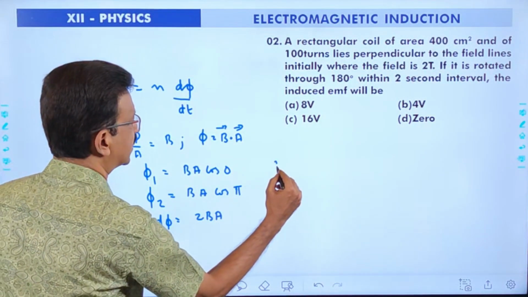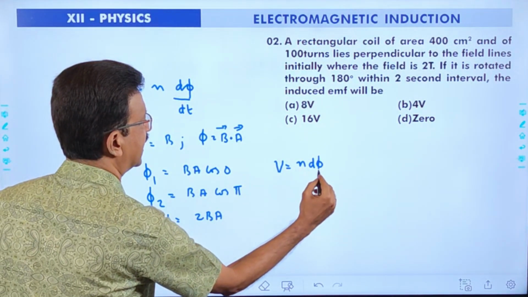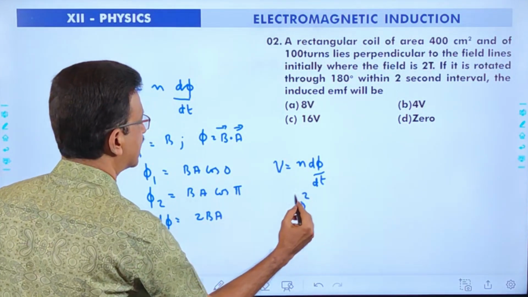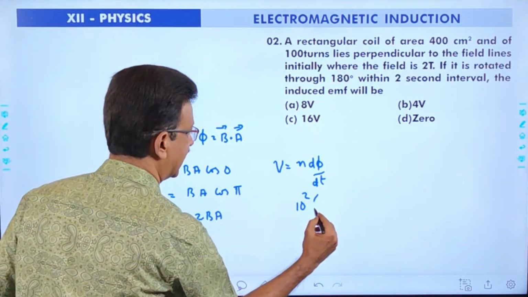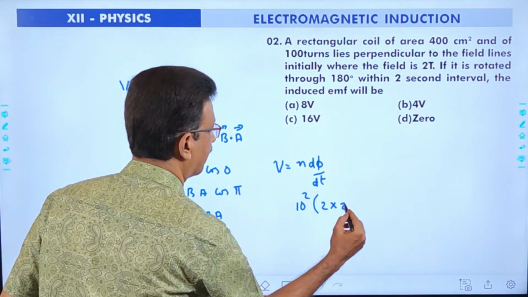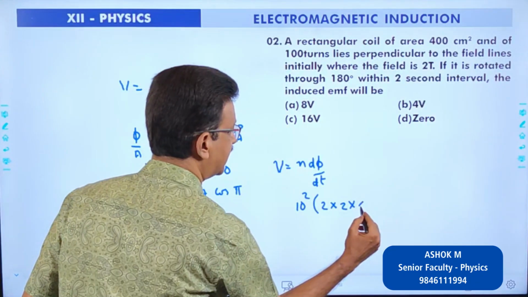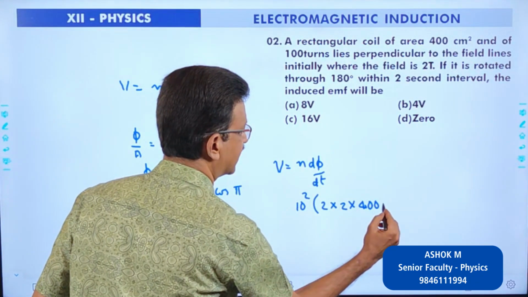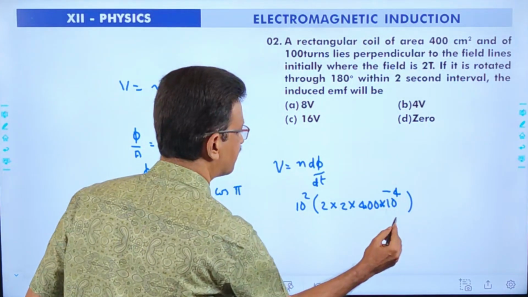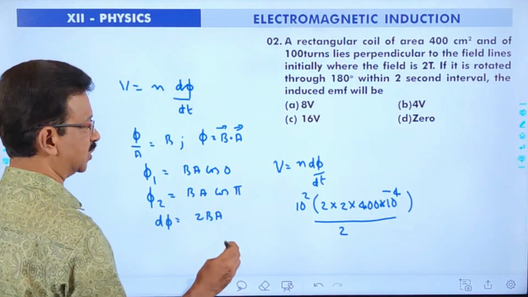Then, Faraday's law expression V equals N d phi by dt. 100 turns. d phi is 2BA. B is 2 Tesla. Area 400 centimeters square means 400 into 10 raised to minus 4 meters square, in 2-second interval. This is the correct substitution.